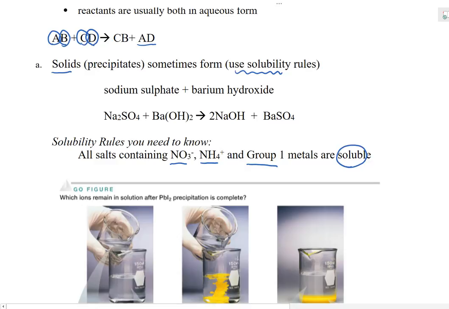We don't have nitrates. We don't have the ammonium ion, but we do have a group 1 metal. Sodium is in group 1, so that means that this compound is aqueous, leaving barium sulfate to be our precipitate. We'll do some practice, because you'll see that writing the formulas for these, as usual, we need to write the ions and do the crossover method.